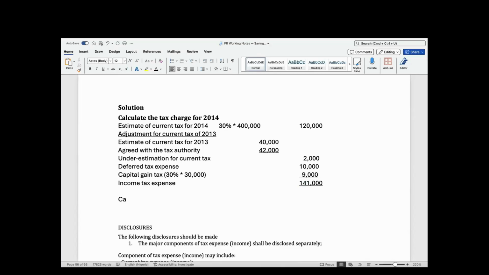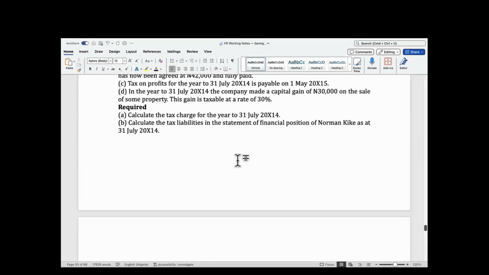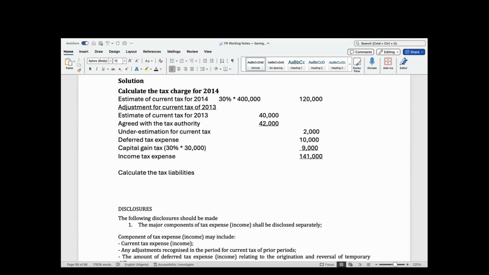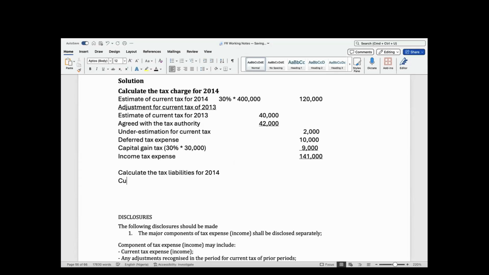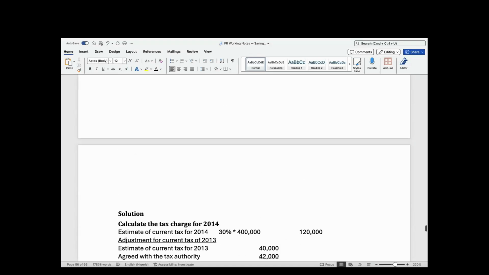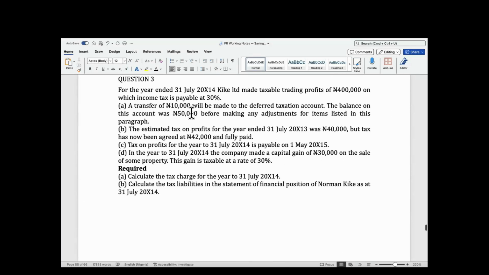Then we'll also calculate the tax liabilities for 2014. We'll have our current tax liability, which is this 120,000. That's the liability in respect of current tax. We have deferred tax liability, which is now 60,000, because we transferred 10,000 to the existing 50,000.